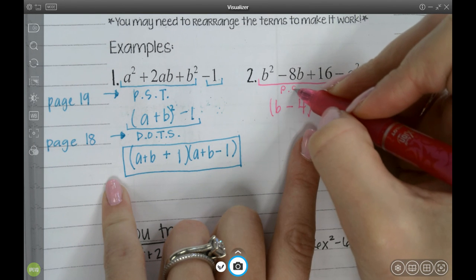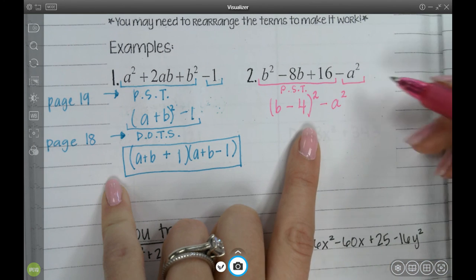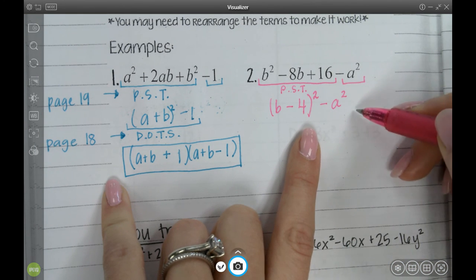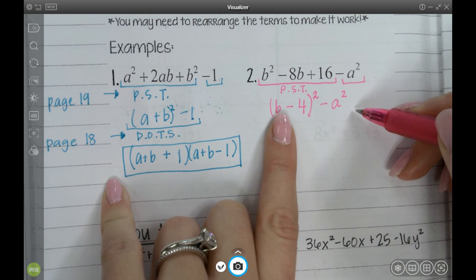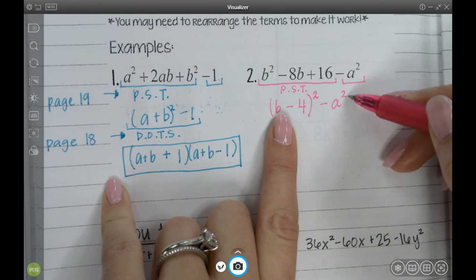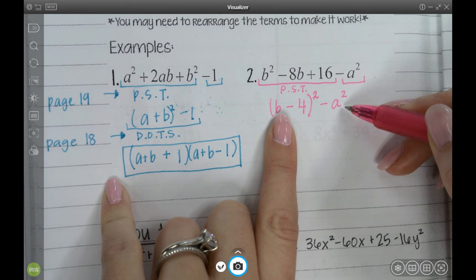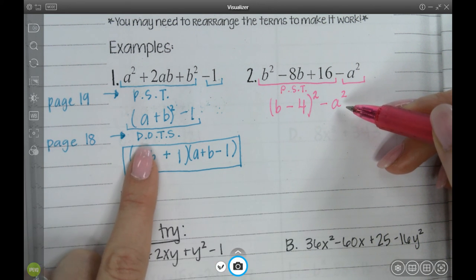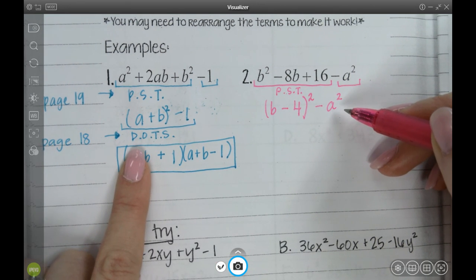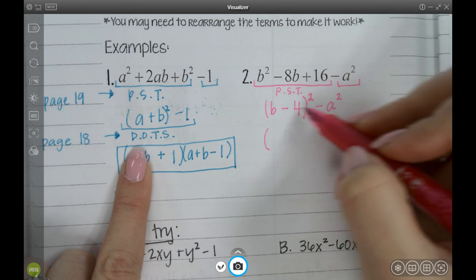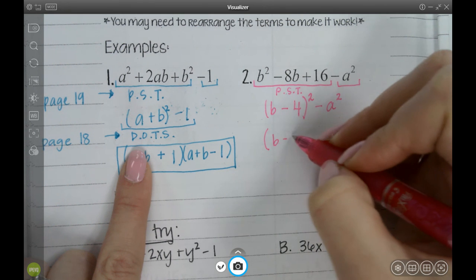So here was my perfect square trinomial from page 19. Now, again, a perfect square minus a perfect square. So we're going to take the square root, use that difference of squares formula from page 18. So you're going to take the square root of this and get b minus 4.